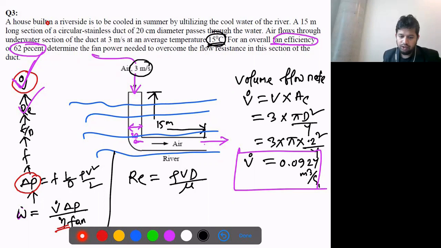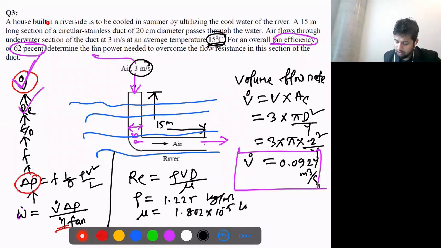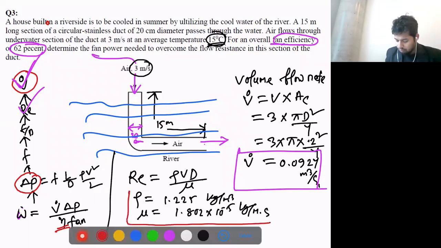When air is at 1 atmospheric pressure and 15 degrees centigrade, the density rho will be 1.225 kg per cubic meter, and the viscosity will be 1.802 times 10 to the power minus 5 kg per meter second. You can get these values from the tables in your book. You already know the appendix, I already uploaded it. I'm not showing the tables today because you already know how to get these values from the tables.